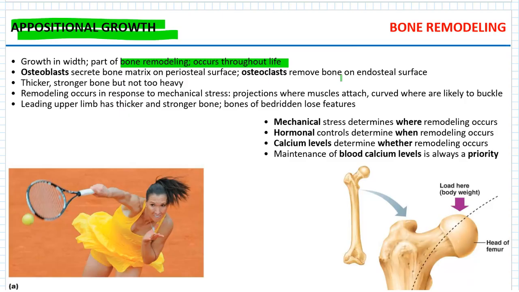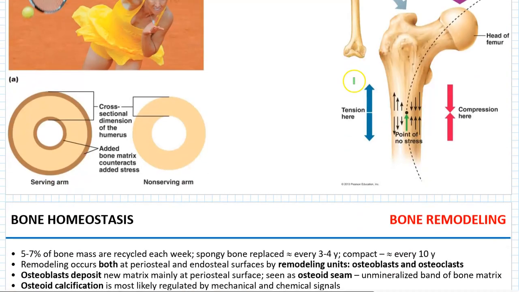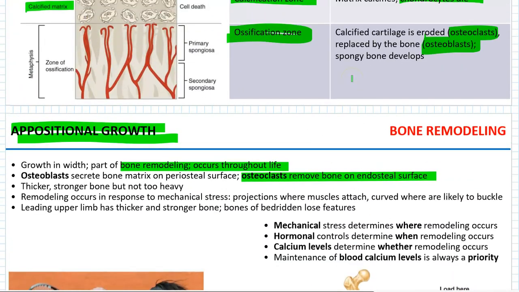So how does that happen? Osteoclasts remove the bone on the inner surface, okay? And on the outer as well. Osteoblasts secrete new bone.